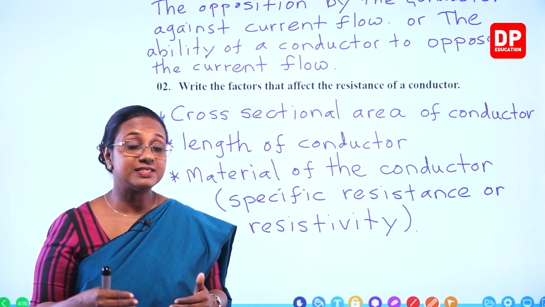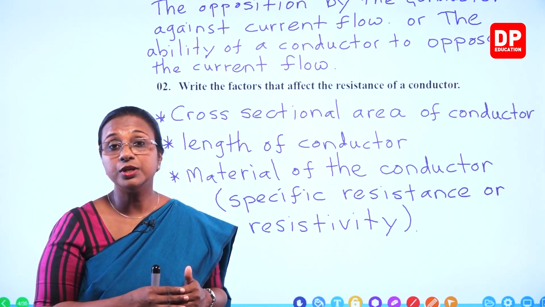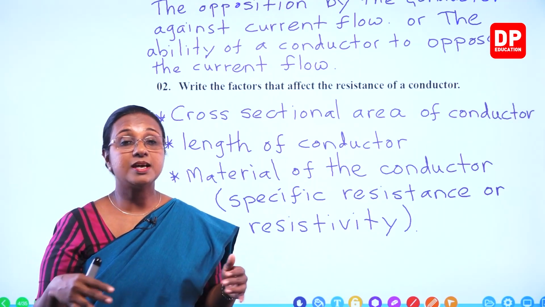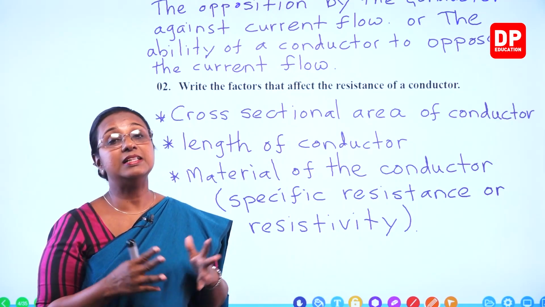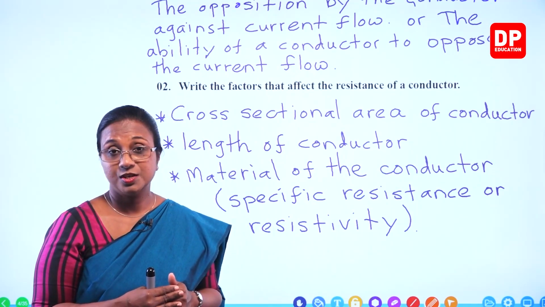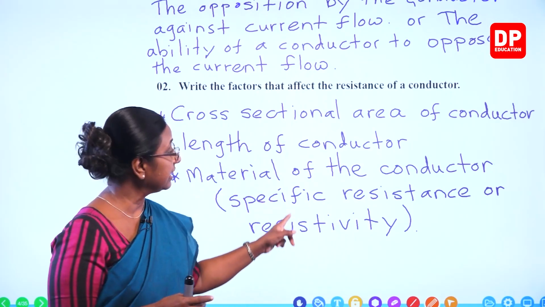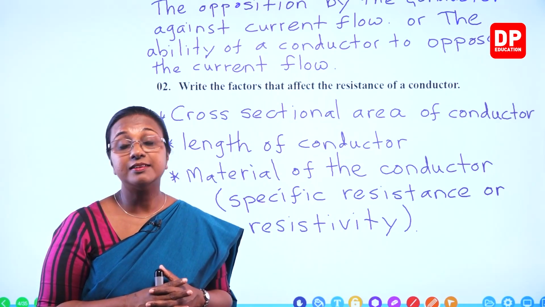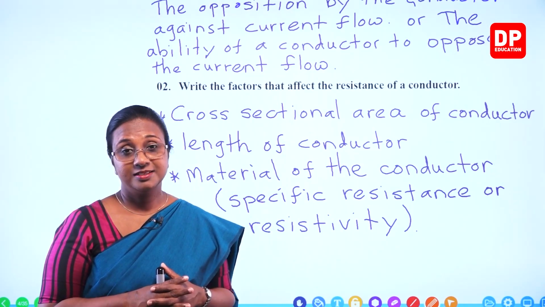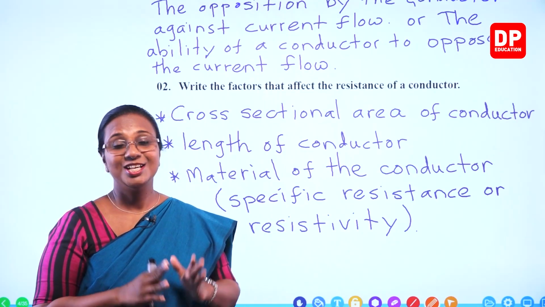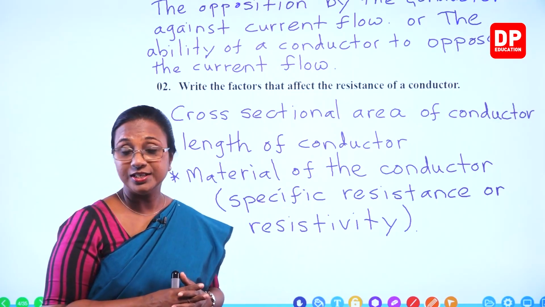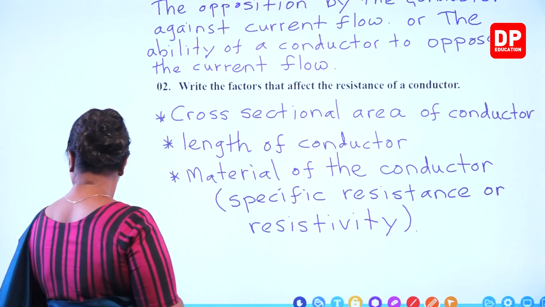Iron in turn has less resistance compared to nichrome. So, nichrome is a substance that has somewhat high resistance and copper is a metal that has less resistance. So, that is how the material comes to affect the resistance. I am sure you all have answered these correctly. So, with that, students, I'll move on to the next question.